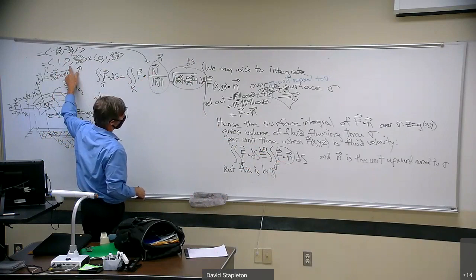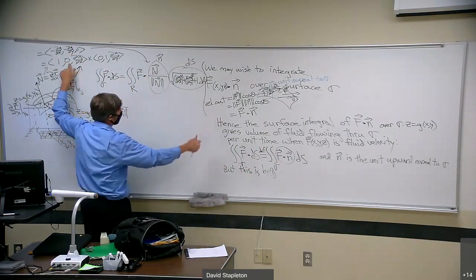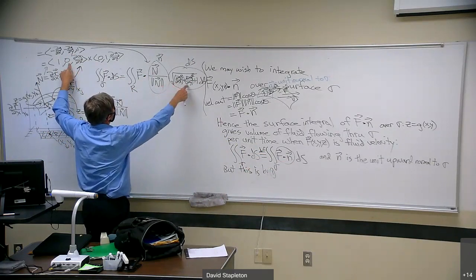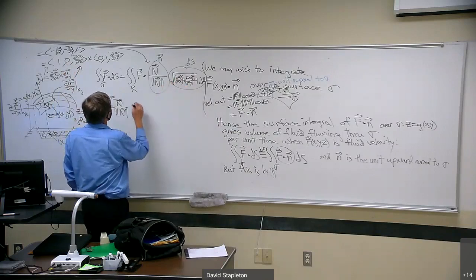And by convention, we define the surface integral to use the upward normal. And then we have this integral, because this is the dS of it, when you evaluate the surface integral.